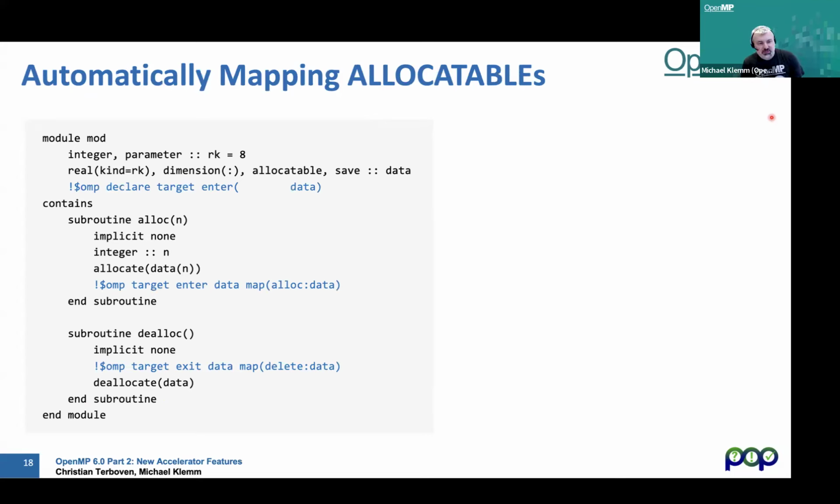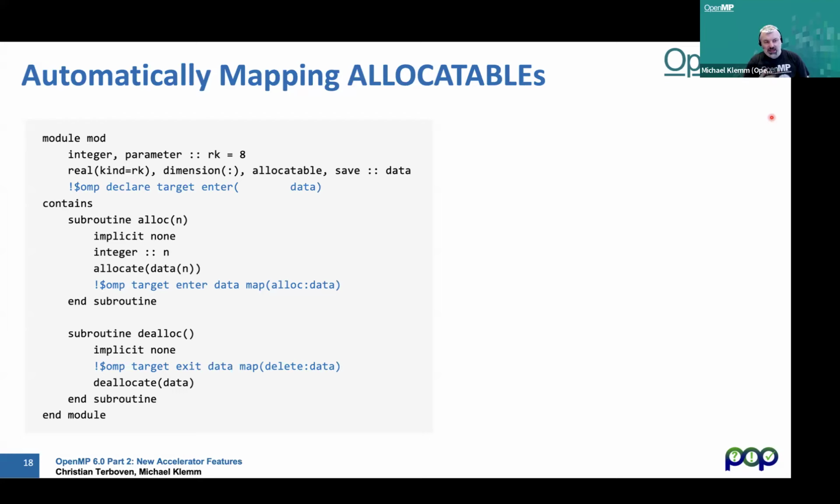And then the other thing that we added is, especially for discrete GPUs with discrete memory, it was always a bit cumbersome to deal with Fortran allocatable entities. So in this case, the data array of this dummy module, the first thing you had to do, because it has a save attribute and it's a module variable, is OpenMP declare target that entity so that there is a version of that thing over on the GPU.